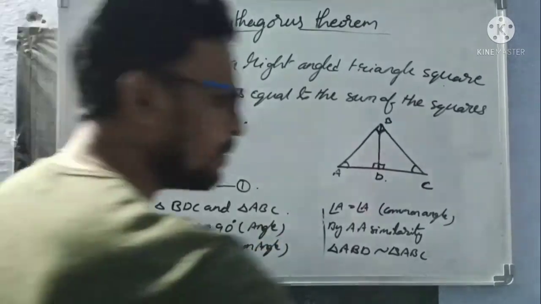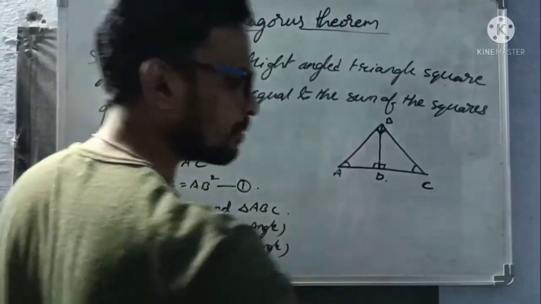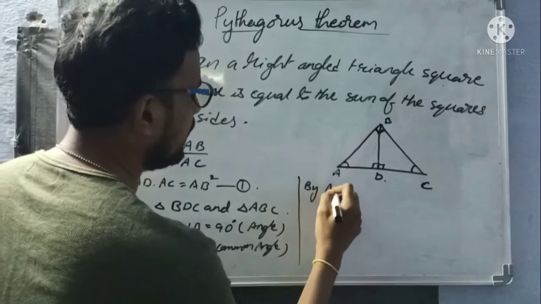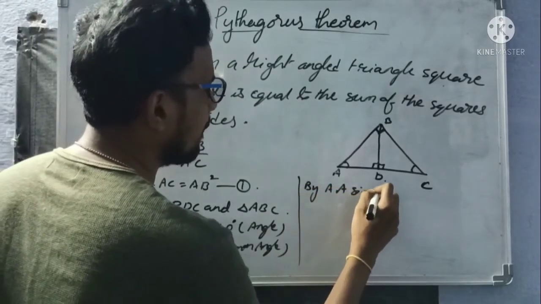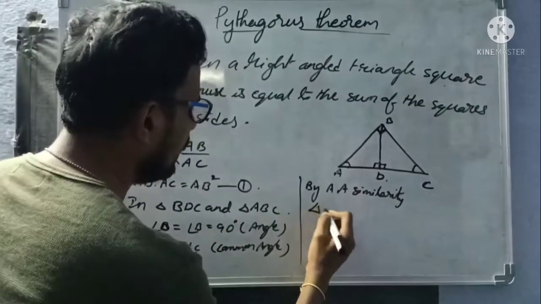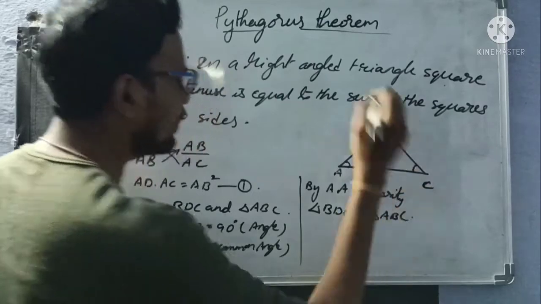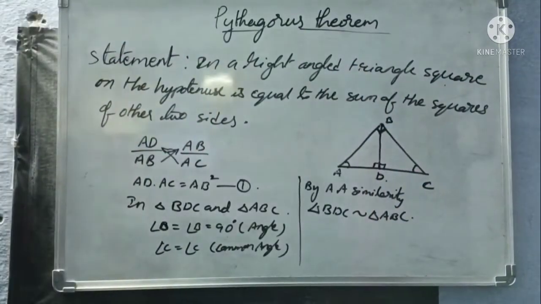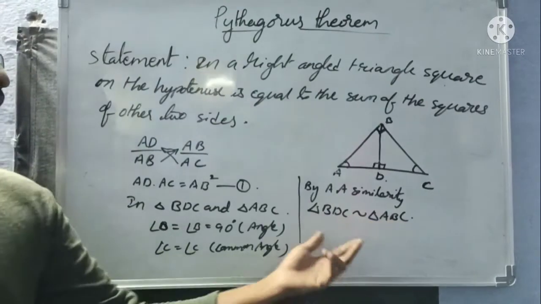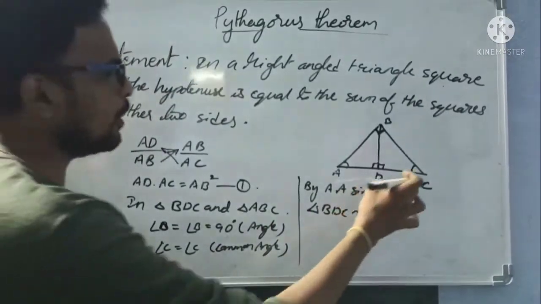Now again by AA similarity, triangle BDC is similar to triangle ABC. Right? Now again we have to take the corresponding parts. So what are the corresponding parts here?